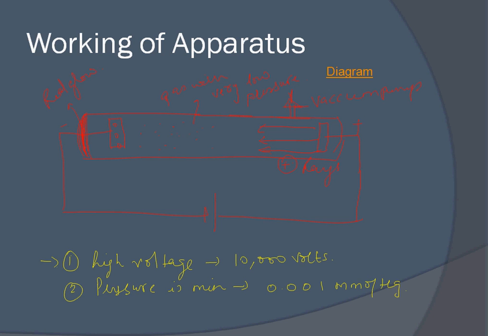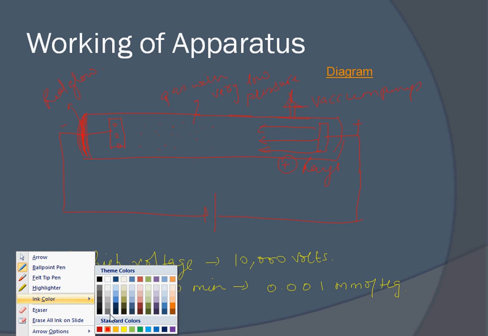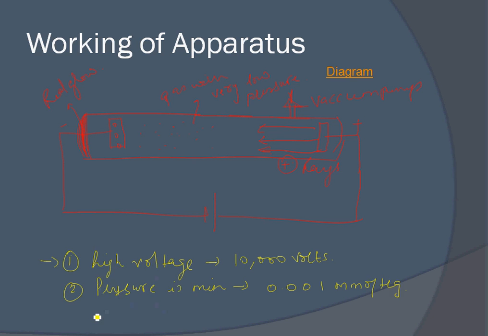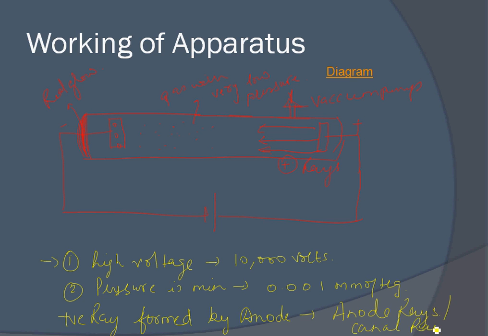Let's write down: rays, that is, positive rays formed on the anode side, therefore it is called anode rays, right? Or you can also say canal rays.